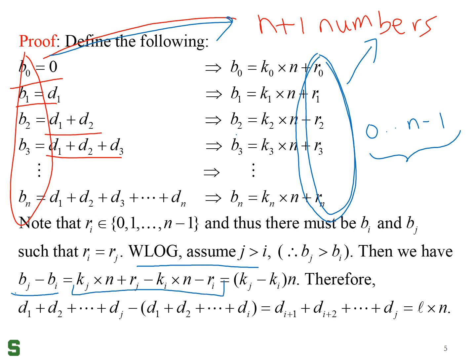So if I write bj minus bi, it's going to be some kj minus ki times n. But what is bj minus bi? It's basically the numbers that were added in between, which is d of i plus 1 plus d of i plus 2 plus d of i plus 3 all the way up to d of j. And that is a multiple of n, and that's exactly what we wanted to prove.